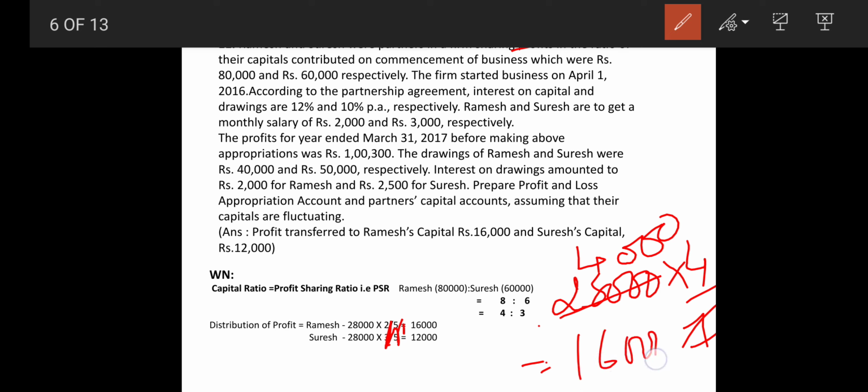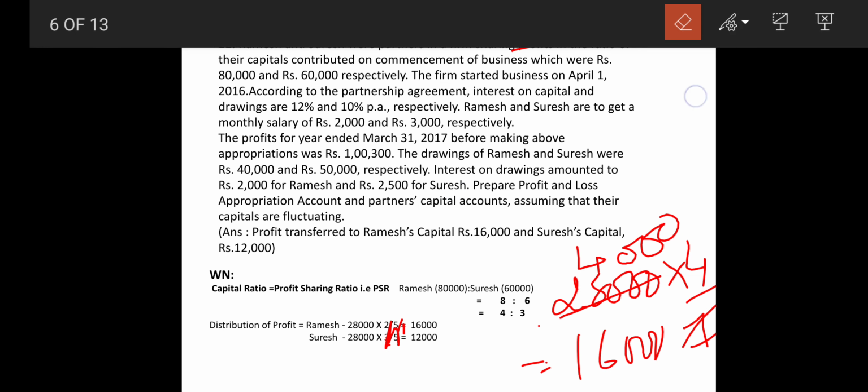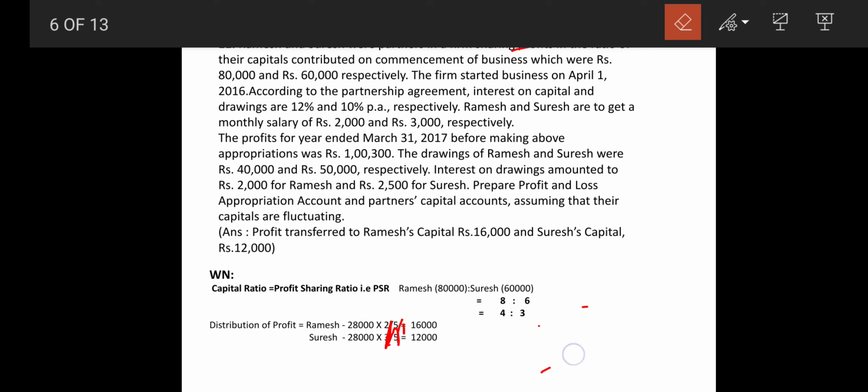So this will give you 16,000 for Ramesh and 12,000 for Suresh. So this is the way of doing the working for the distribution of profit and loss.